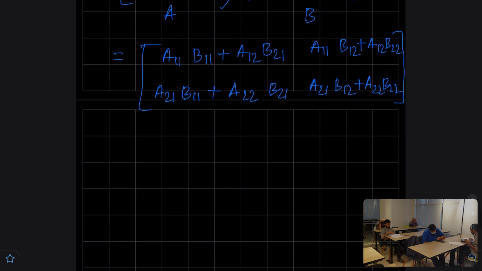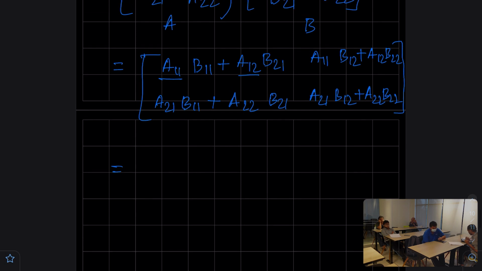Okay, so let's consider that there is an A11 here, right? And there is an A12 here. And there is also an A11 here and an A12 here, right?